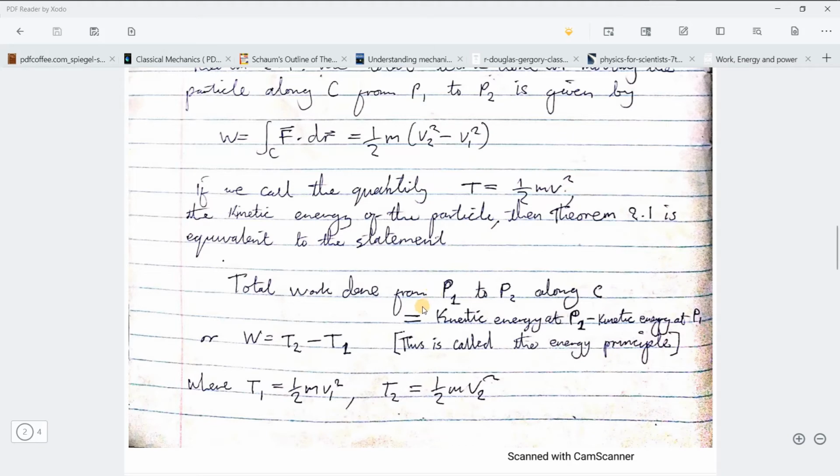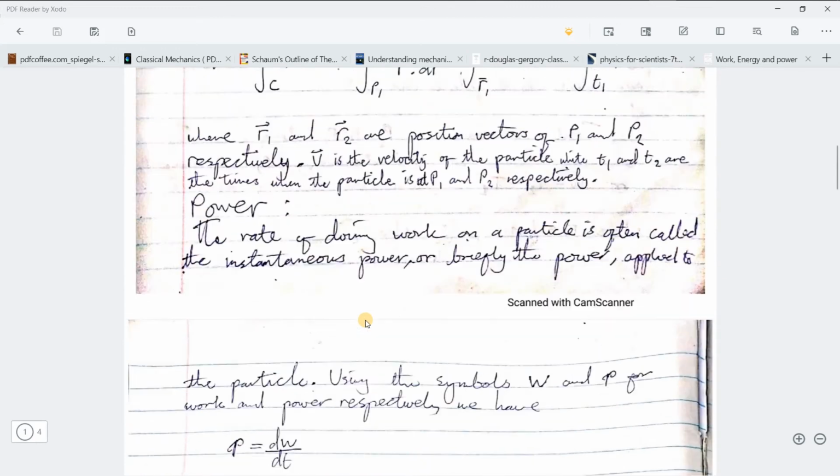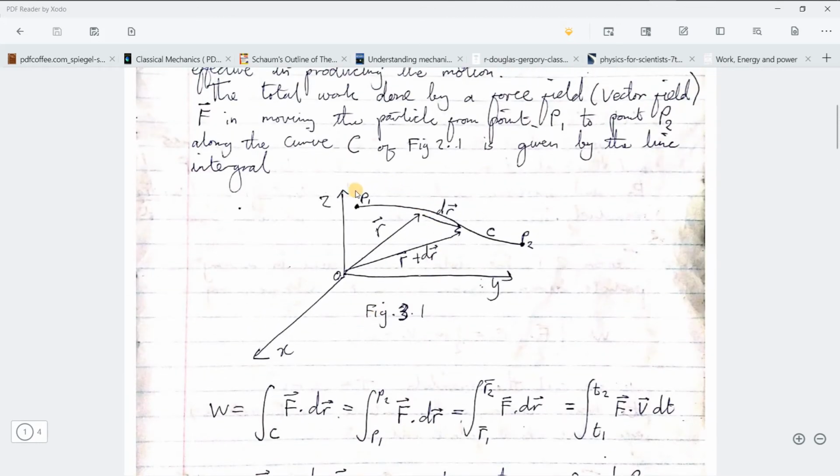Total work done is simply equal to the kinetic energy at point P2 minus the kinetic energy of the particle at point P1. Or we can say in symbols, work equals T2 minus T1, where T2 is representing the kinetic energy at P2 minus T1, which is the kinetic energy at P1. Remember, these are just points on this curve which we've used as a reference curve for explanation.